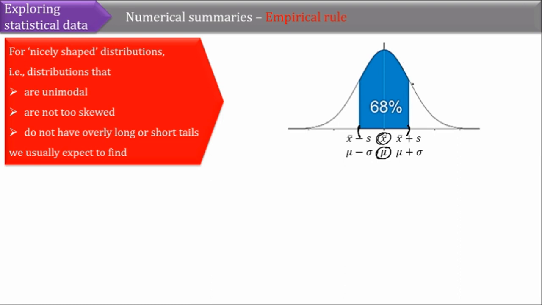If the distribution is symmetrical, so if we fold it in half, then the two halves fit on top of each other perfectly. If the distribution is symmetrical, the mean, median, and the mode will always be in the middle, okay, if it's unimodal as well. If we add one standard deviation, and if we subtract one standard deviation, then this interval that we create on the x-axis will contain 68% of the data.